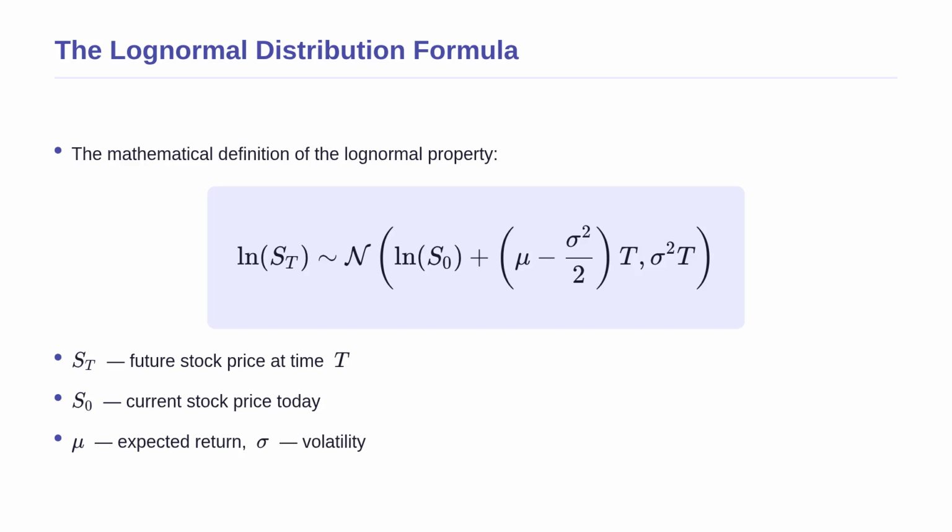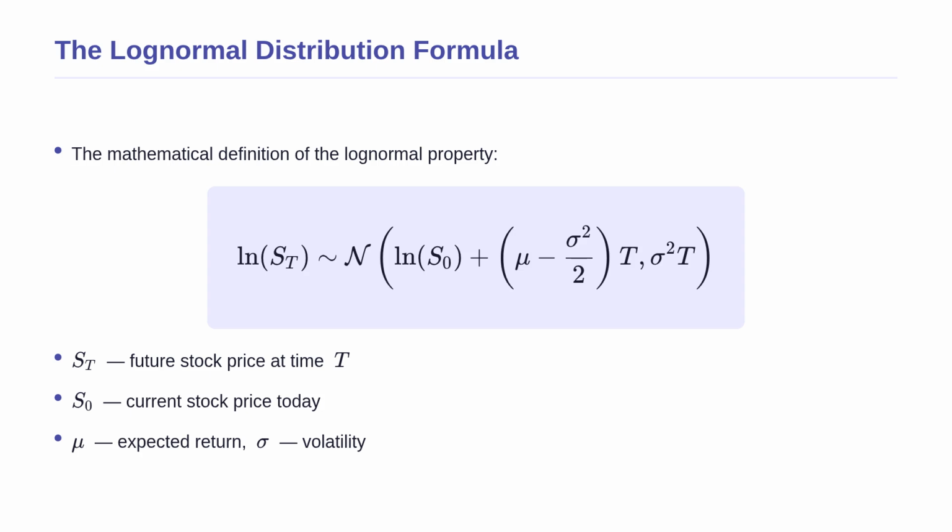Now that we understand the concept visually, let us look at its mathematical form. This formula is the cornerstone of the log-normal property. It explicitly states that the natural logarithm of the future stock price, denoted as S sub t, follows a normal distribution. The symbol script N stands for the normal distribution.